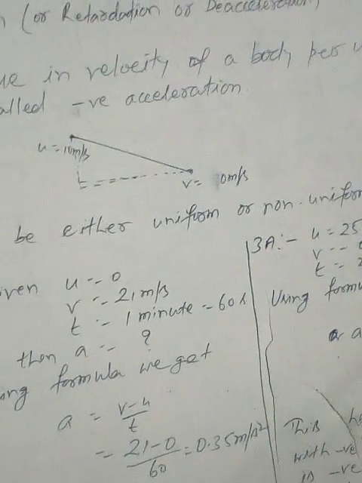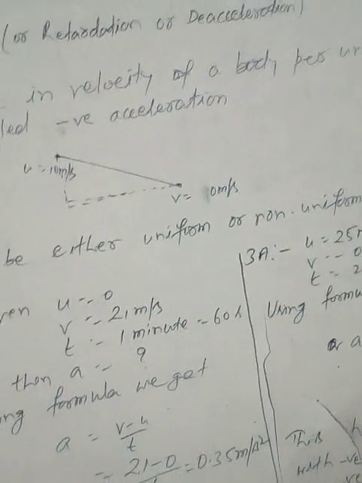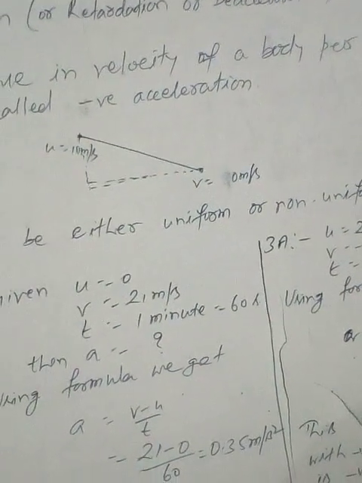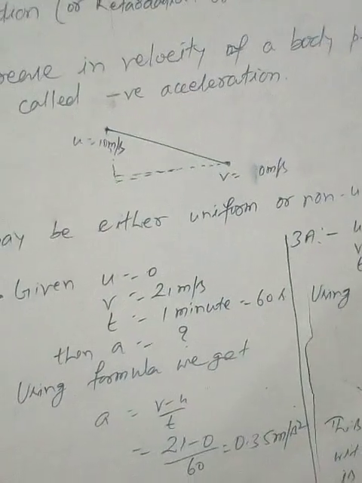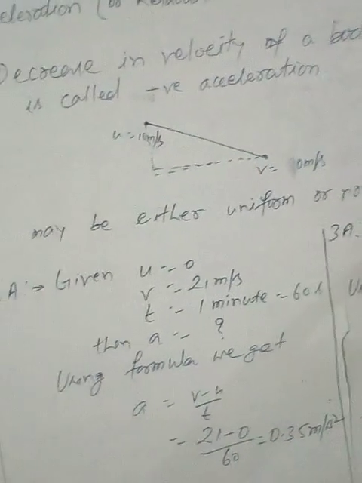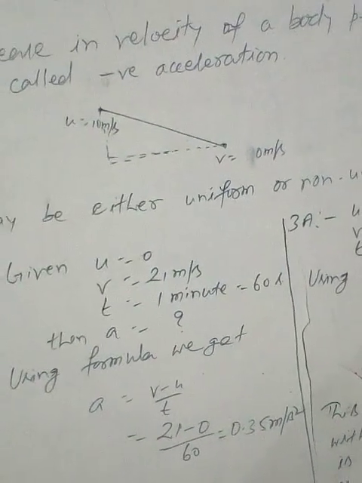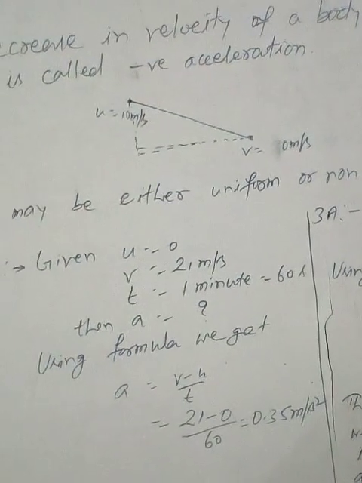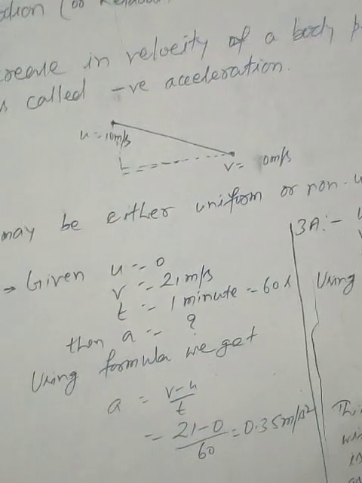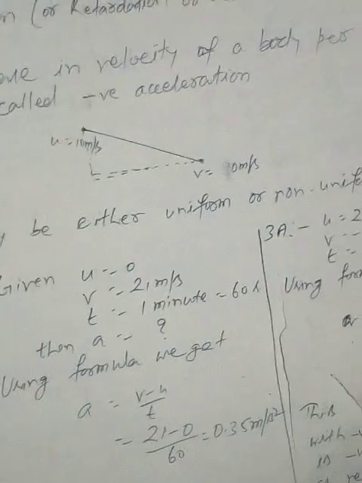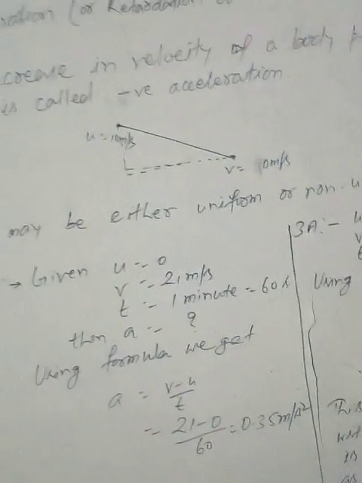Actually 25 meter per second is u, and v is 0. In the formula v comes first, so in place of v should be 0. So 0 minus 25 by 2 will produce minus 12.5 meter per second square.